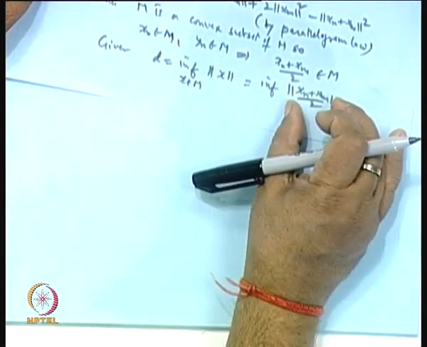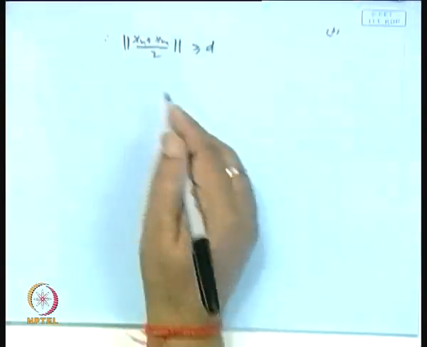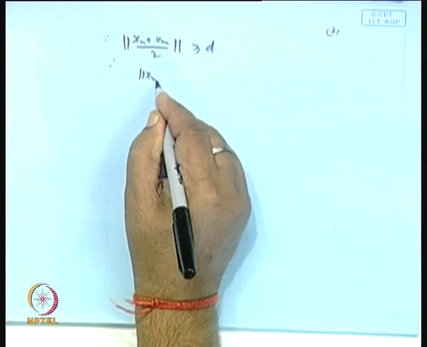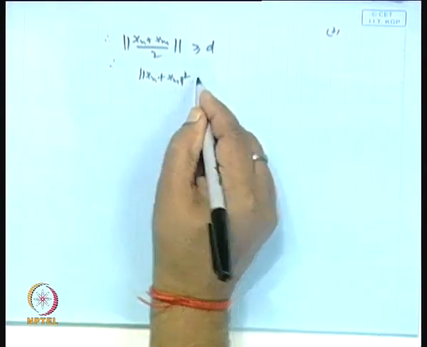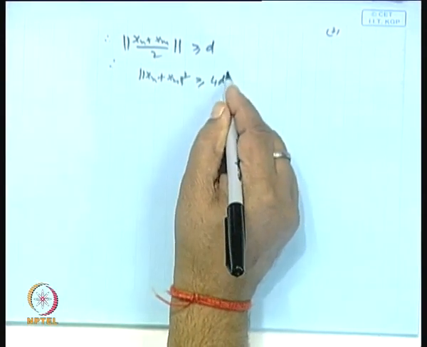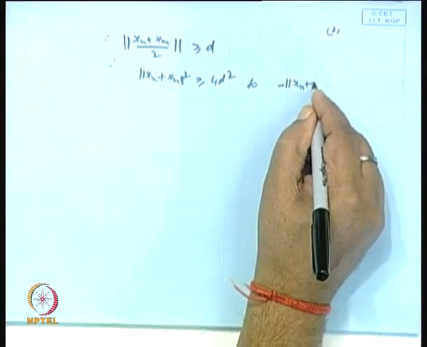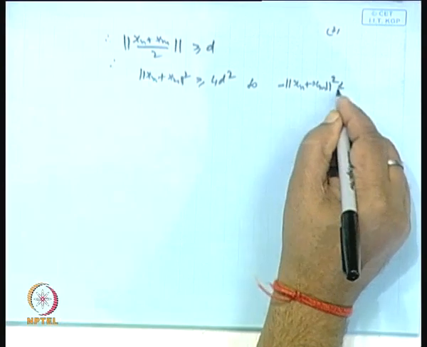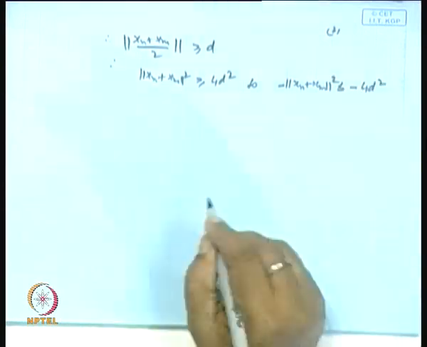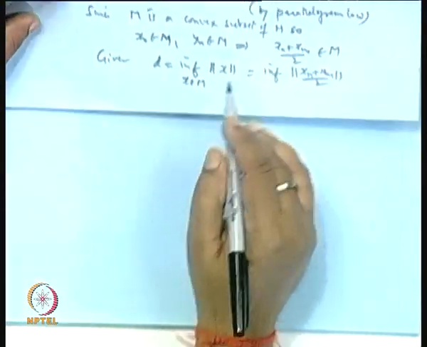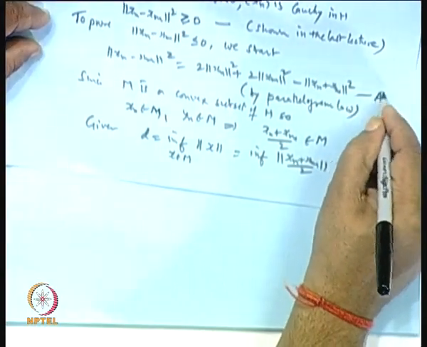Therefore, norm of x_n plus x_m whole square is greater than or equal to 4D square. So, minus times of this is less than or equal to minus 4D square.